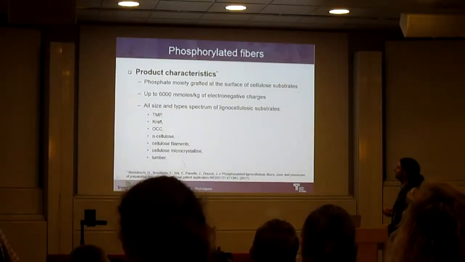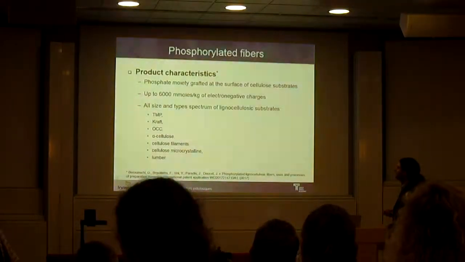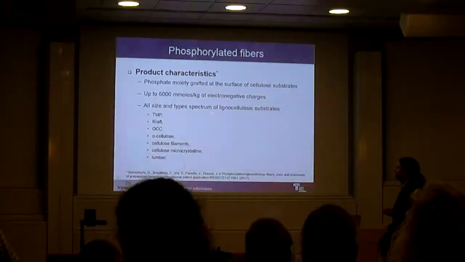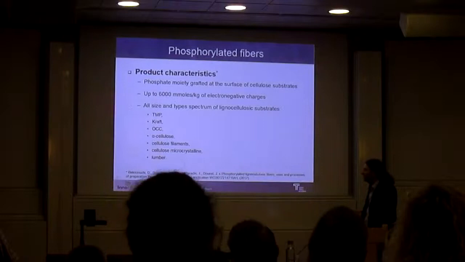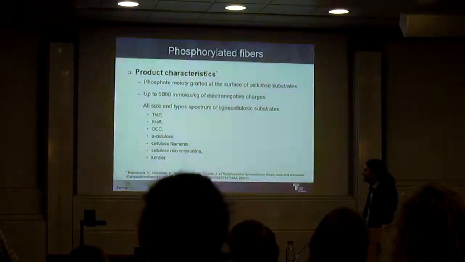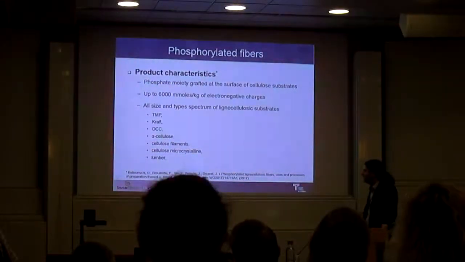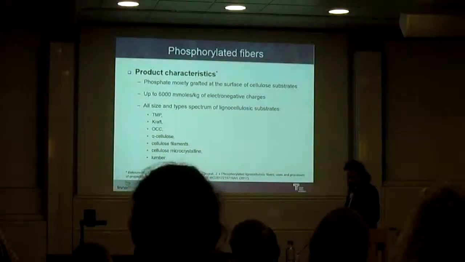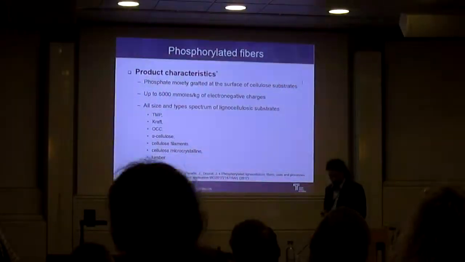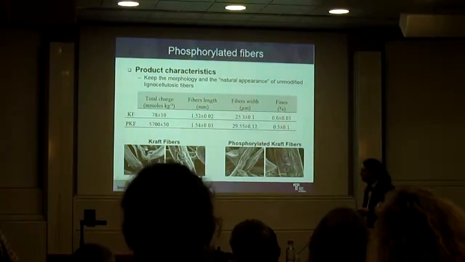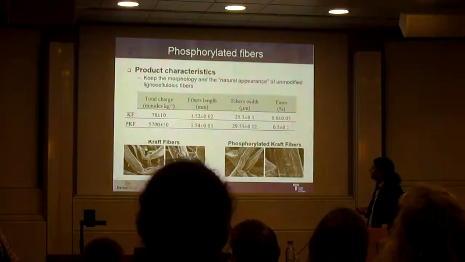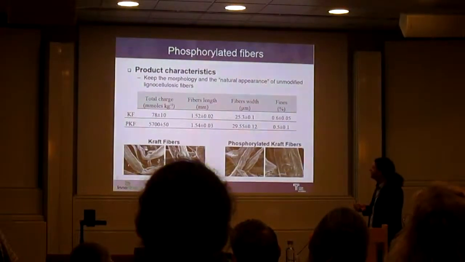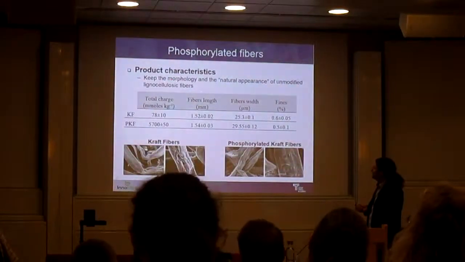Another specificity, we have tried this reaction on the whole spectrum of cellulosic materials, starting from thermomechanical pulp, kraft, OCC, alpha cellulose, cellulose filaments, microcrystalline, and even lumber. As we see, after the reaction, we keep the morphology and the natural appearance of unmodified lignocellulosic fibers.